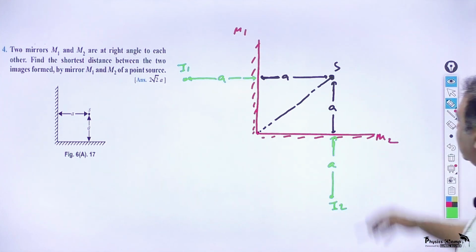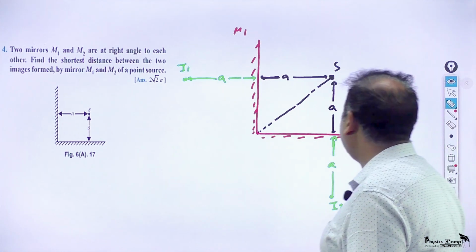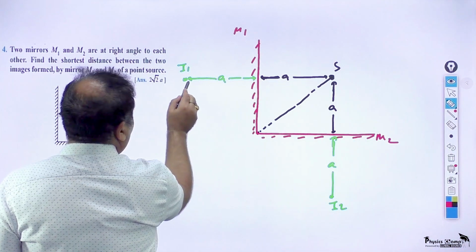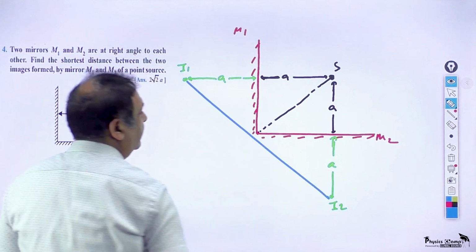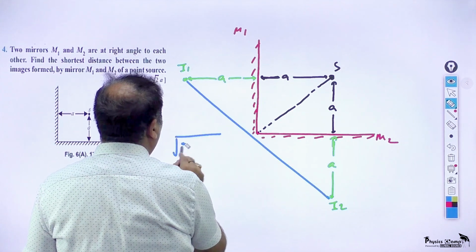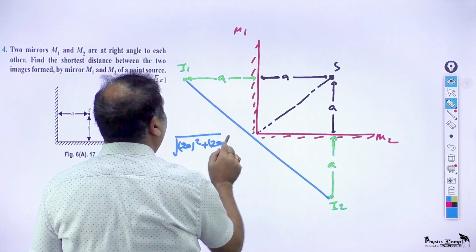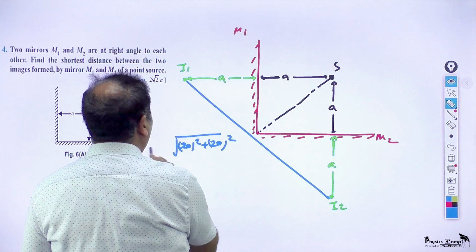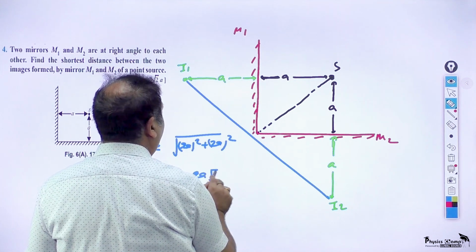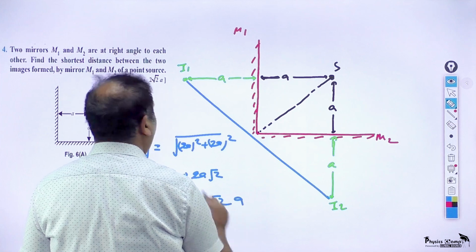So the total distance is 2A and 2A. What is the shortest distance between the two, between I1 and I2? It is here. So this will be how much? Root of 2A square plus 2A square. So it will become 2A root 2, or 2 root 2 A.